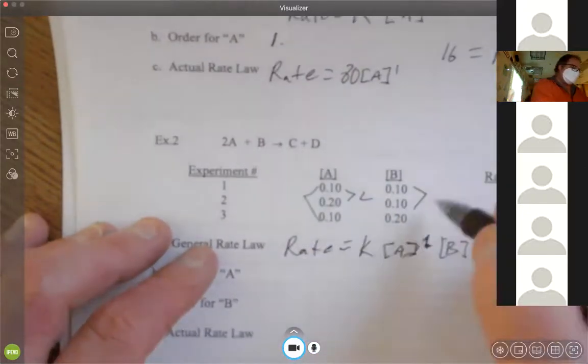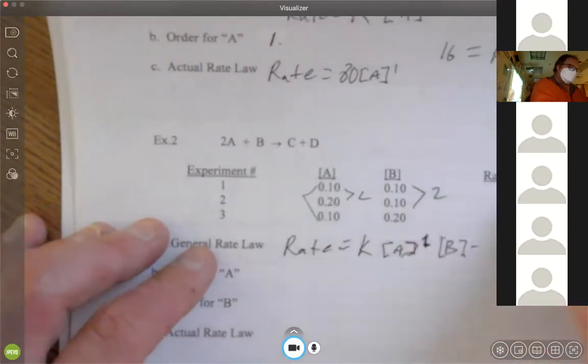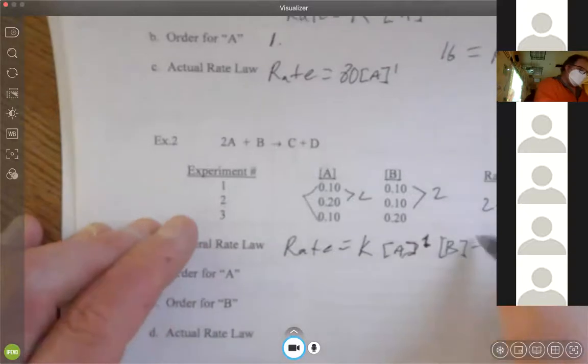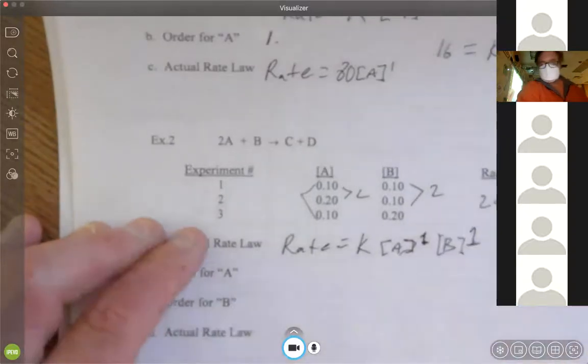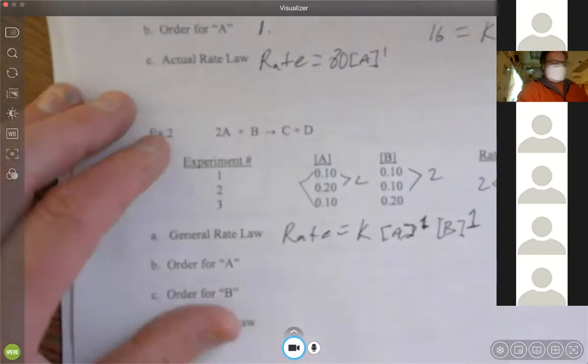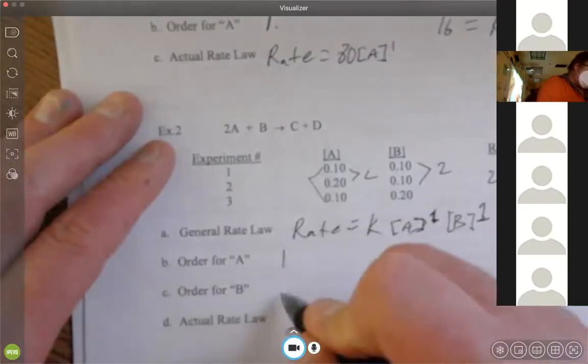So 0.2 divided by 0.1 is 2. 4 divided by 2 is 2. What is it? 1. It is not always 1. So the order for A is 1. The order for B is 1.